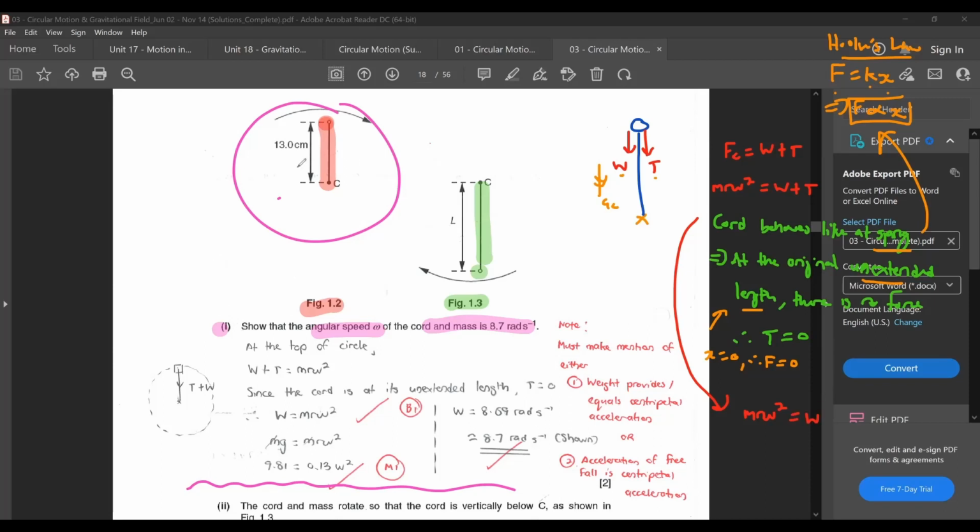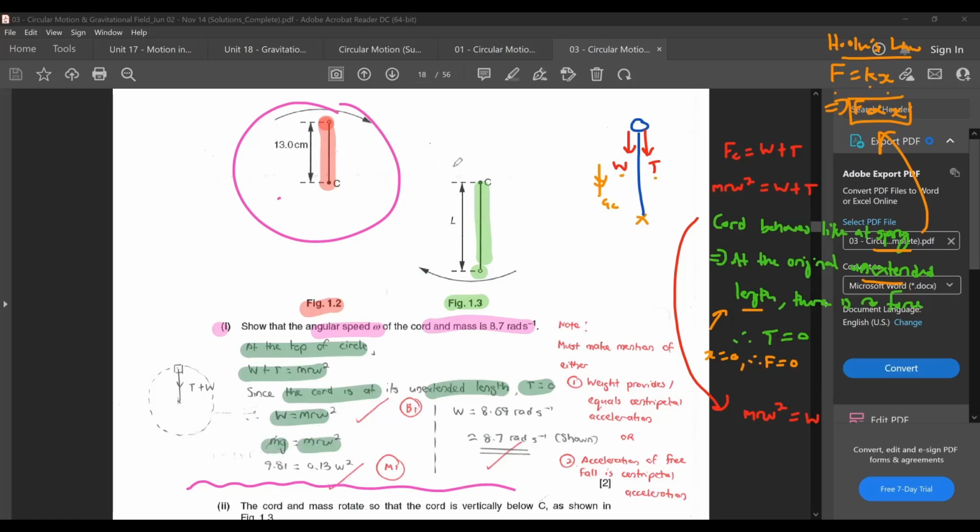So your full working is the one that is written over here. At the top of the circle, W plus T equals mr omega square. Since your cord is at the unextended length, T is 0, and then your equation becomes W equals mr omega square. W is just mg.